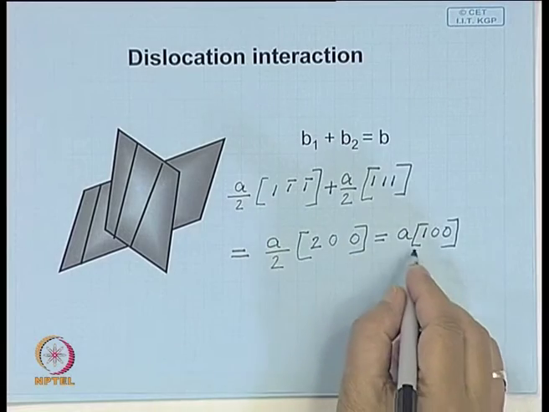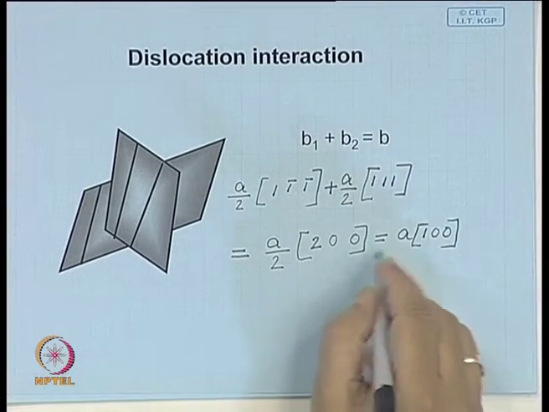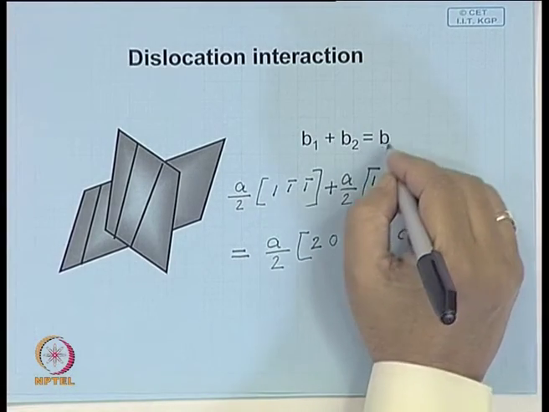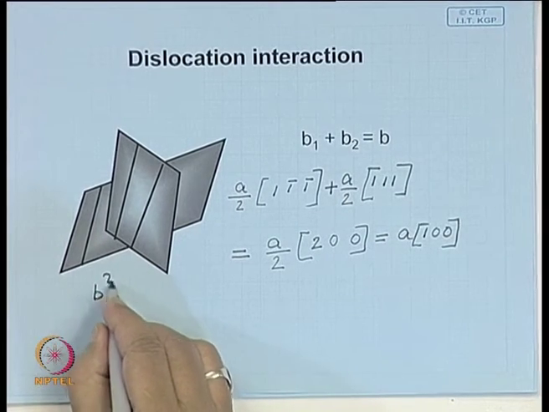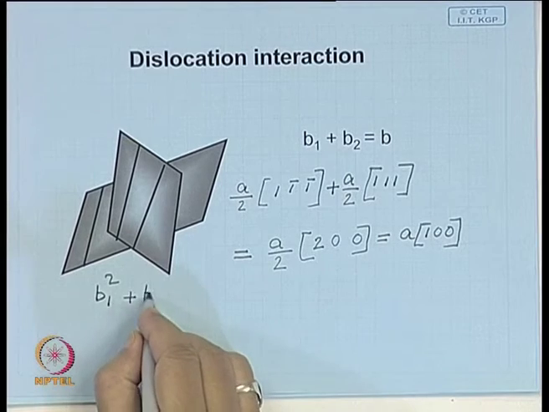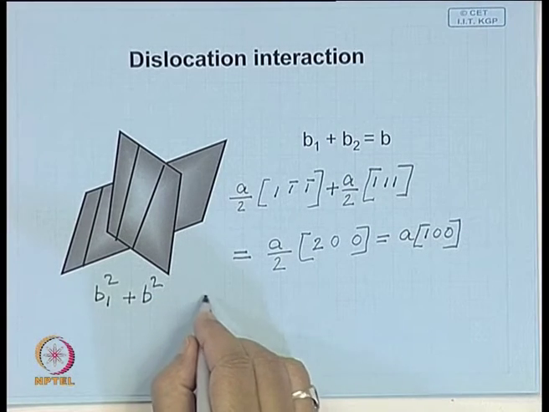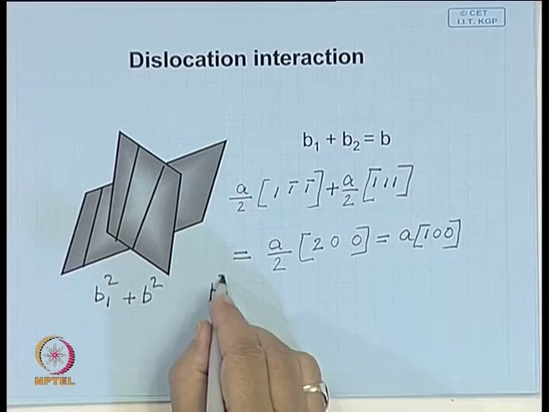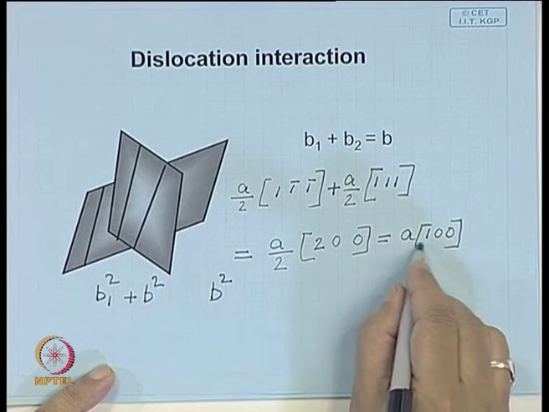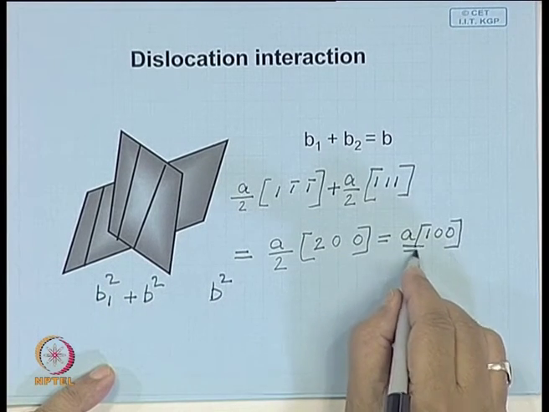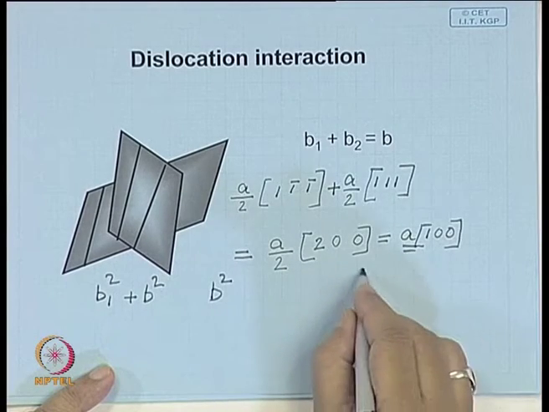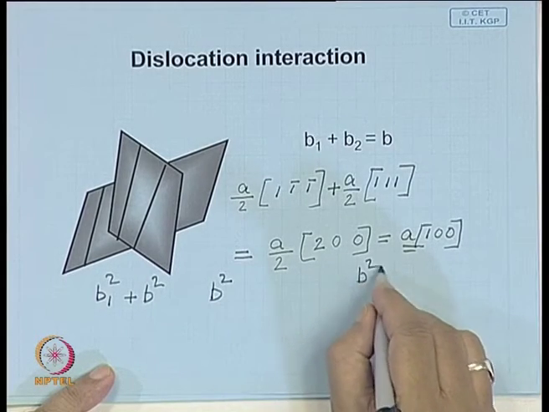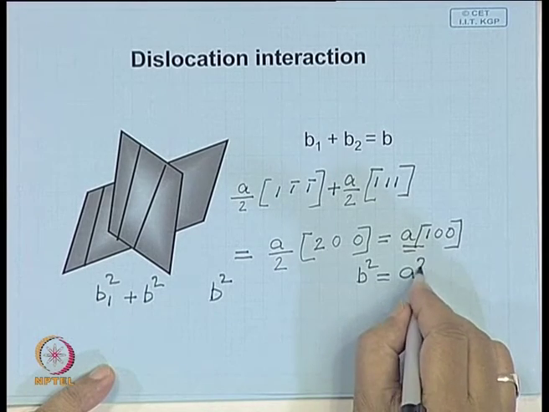How do you know? The energy is proportional to b square. So what you have to find out is b1 square plus b2 square, and compare it with b square. Now, b we have found, so b square is equal to a square.